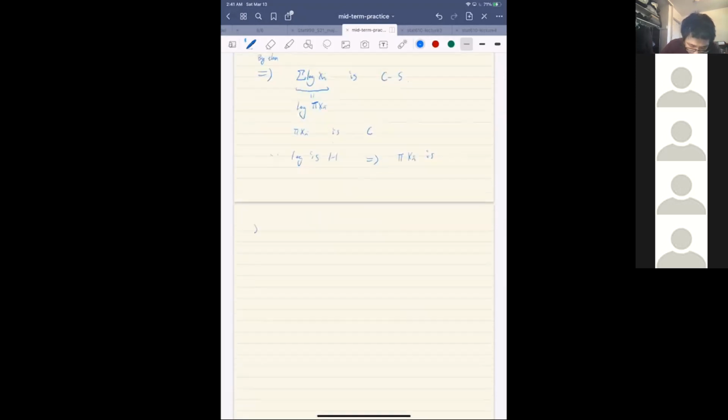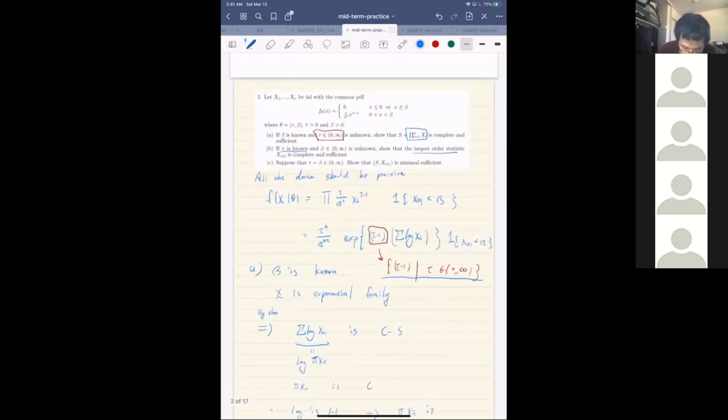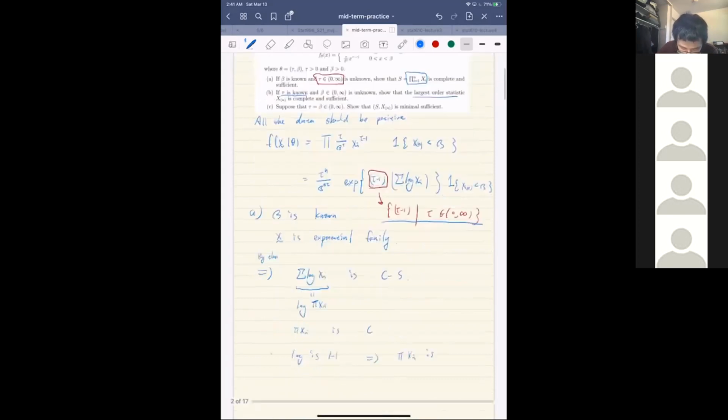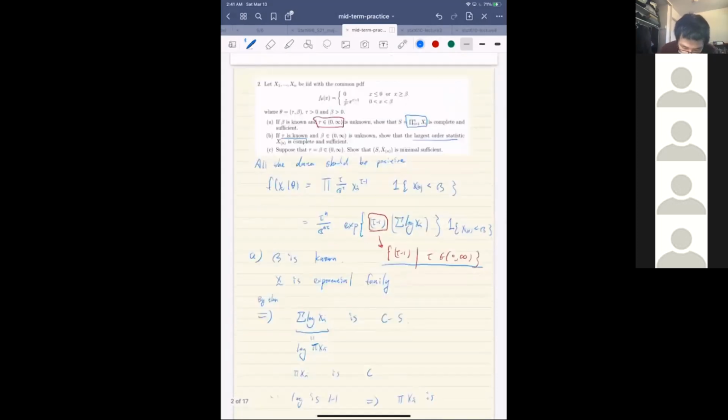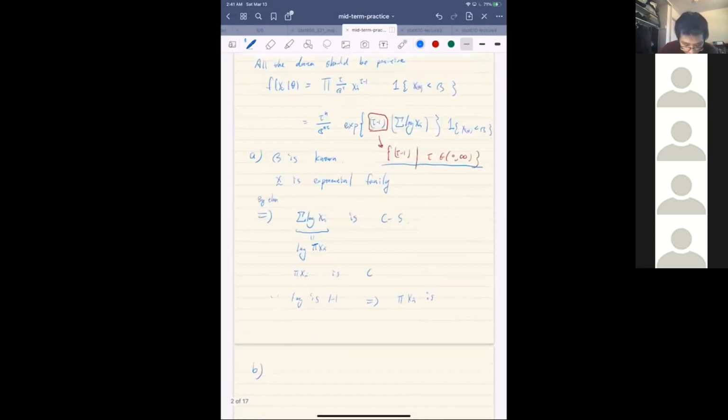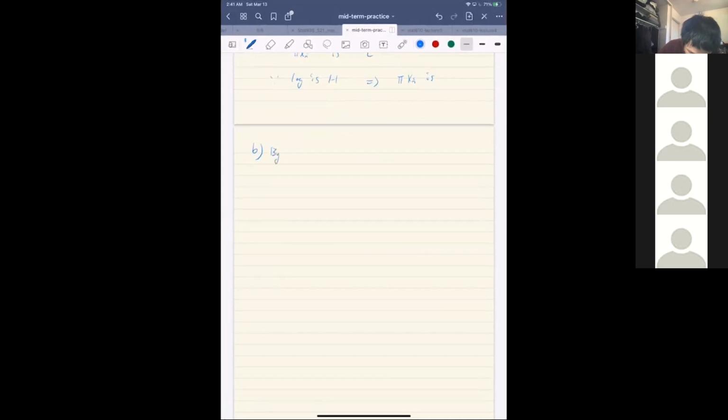Okay, so let's go on. So for B, the beta is unknown. First, the sufficient part is easy because you can use the factorization theorem.